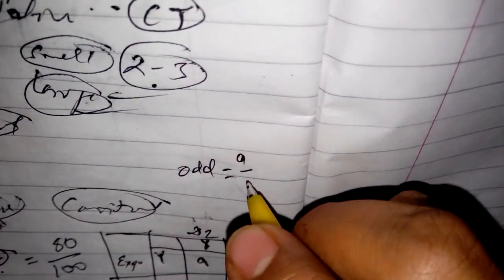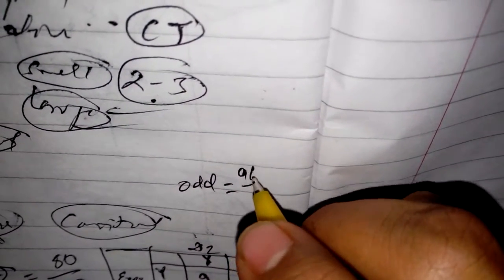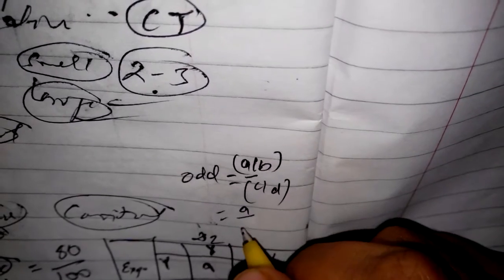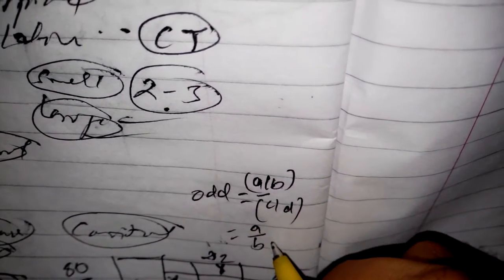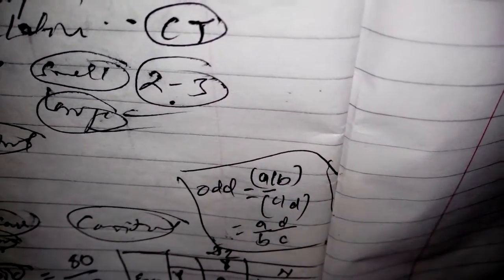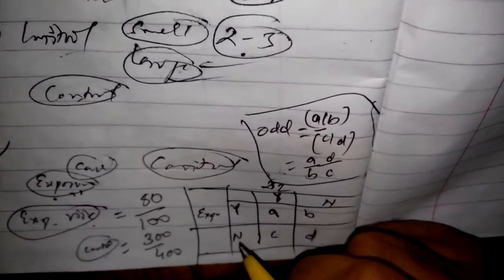Odds ratio is equal to A by B divided by C by D, which is equal to AD by BC. This is the odds ratio. In this way we analyze the case control study. Thank you.